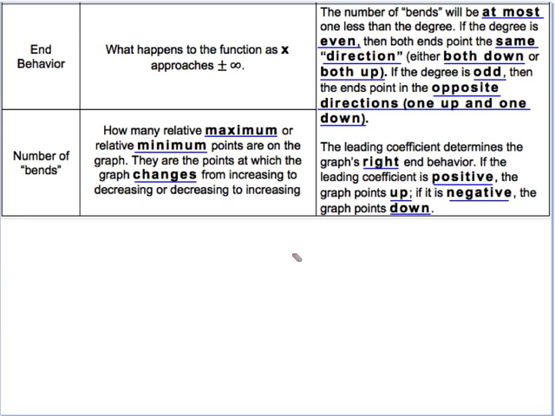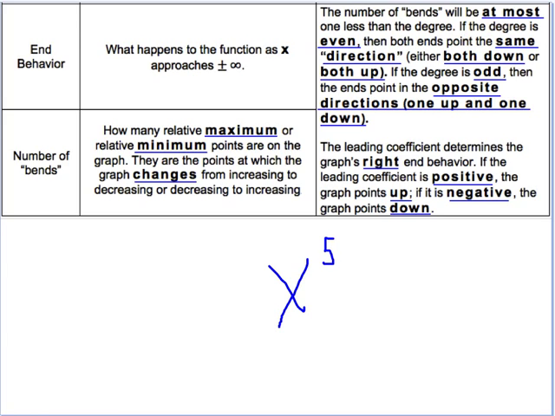So if I have the polynomial x cubed, the most bends that I could have would be 2, because it has to be 1 less than my degree. If I had a degree of 5, the most curves I would be able to have is 4. That's pretty easy. All you have to do is subtract 1.